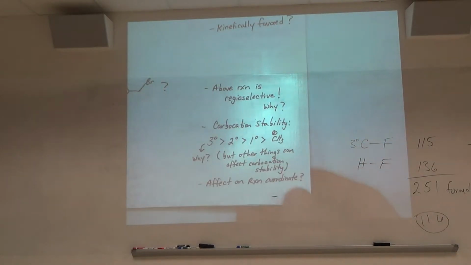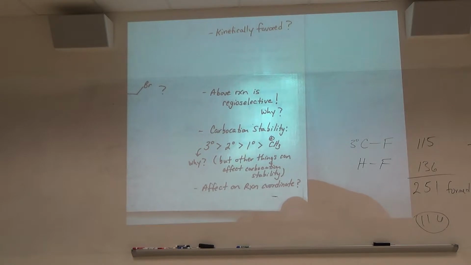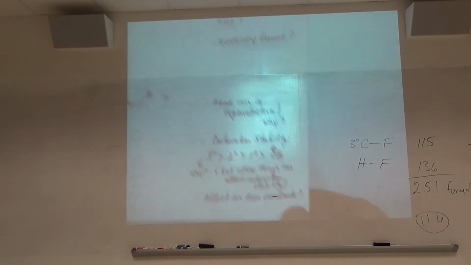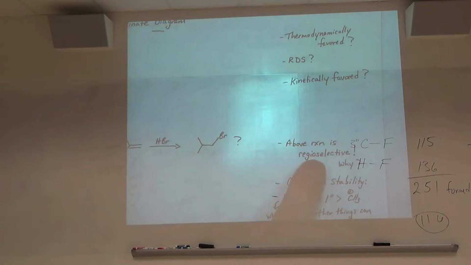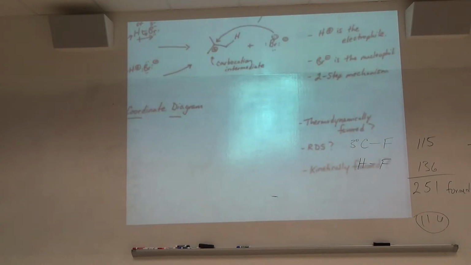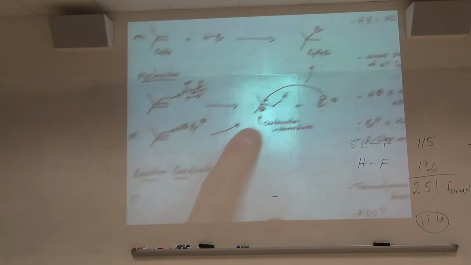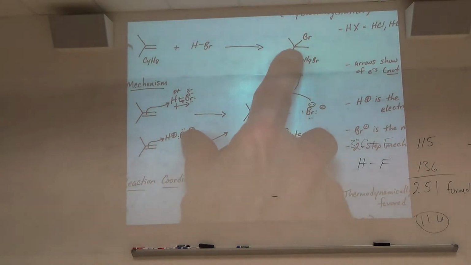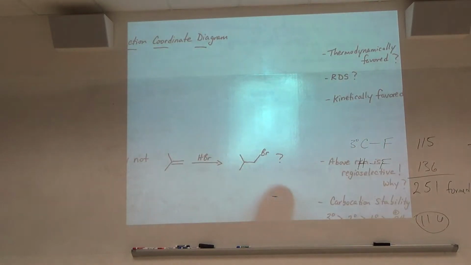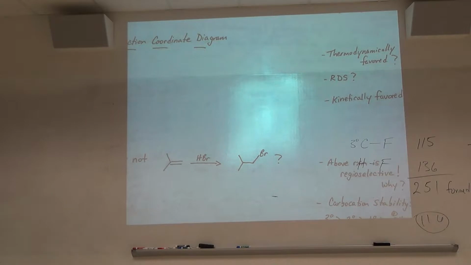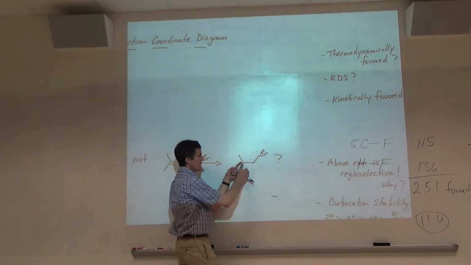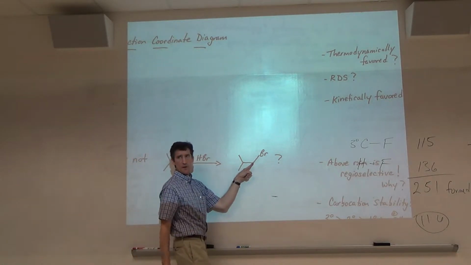Any questions about the first page over here? Regioselective, what does that mean? Well, up here we showed the reaction taking place and the Br ended up bonded to the tertiary carbon. Down here it's bonded out here, not here, but it's bonded to a different region of the molecule.